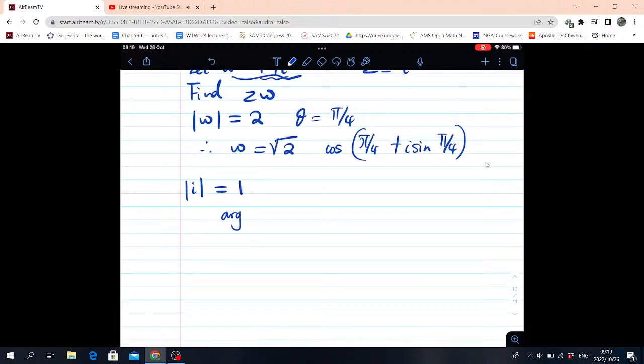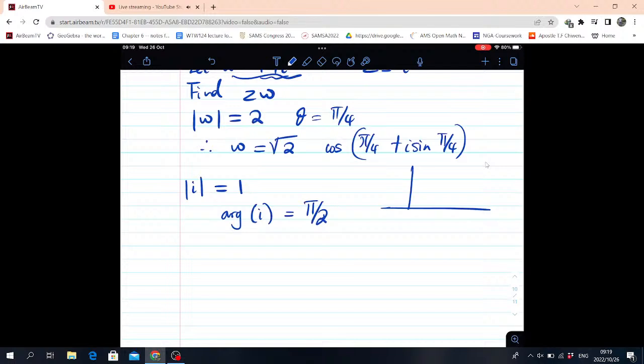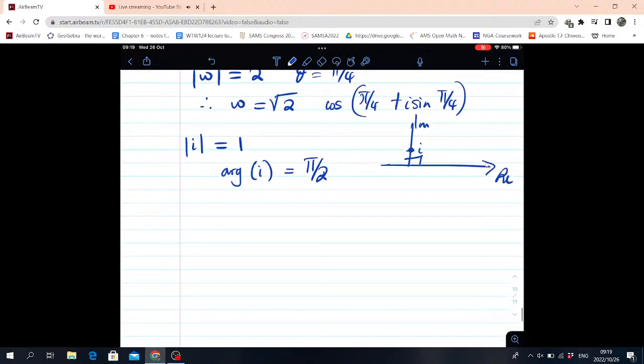And if you look at the argument of i, it is going to be equal to pi over 2. If you just draw it, you'll see that that is the case. So i will be somewhere here, and if you think about the modulus, it's 1, and then the argument is just what we have there, which is pi over 2. So in other words, i can be written as 1 times (cos pi over 2 plus i sine pi over 2), like that.